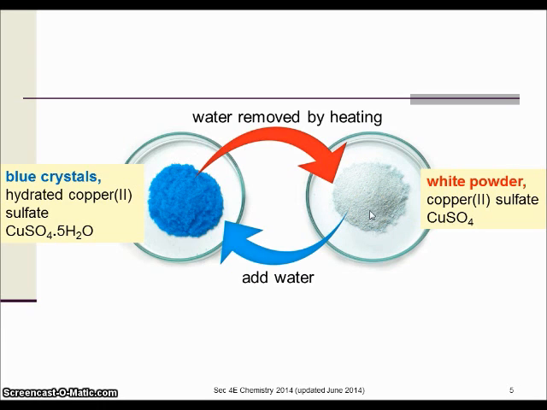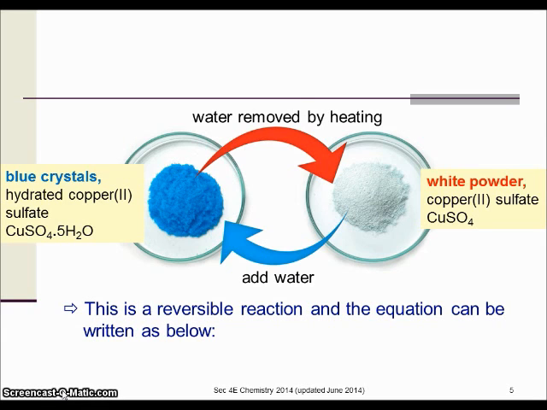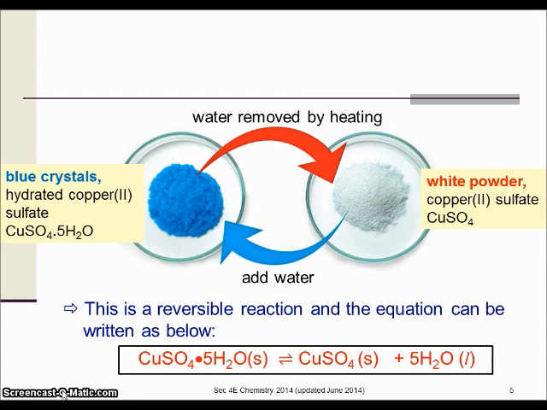So when the white powder of anhydrous copper(II) sulfate reacts with water, it will form back your hydrated copper(II) sulfate. This is a reversible reaction, and the equation can be written as below. Pay attention to the arrow used in the writing of the equation.